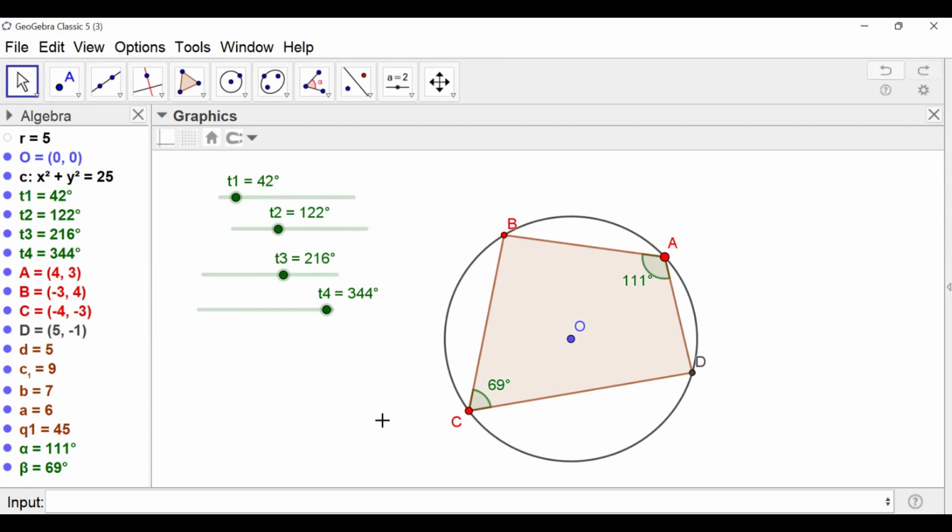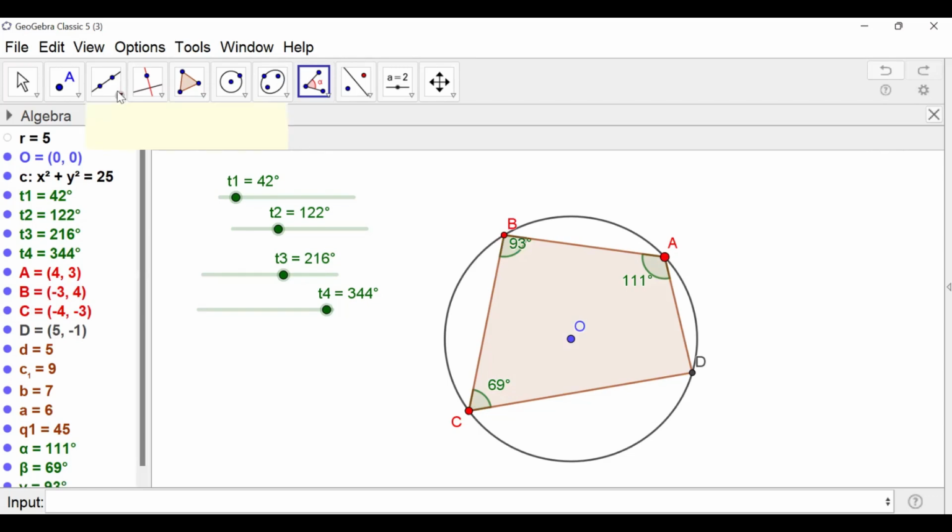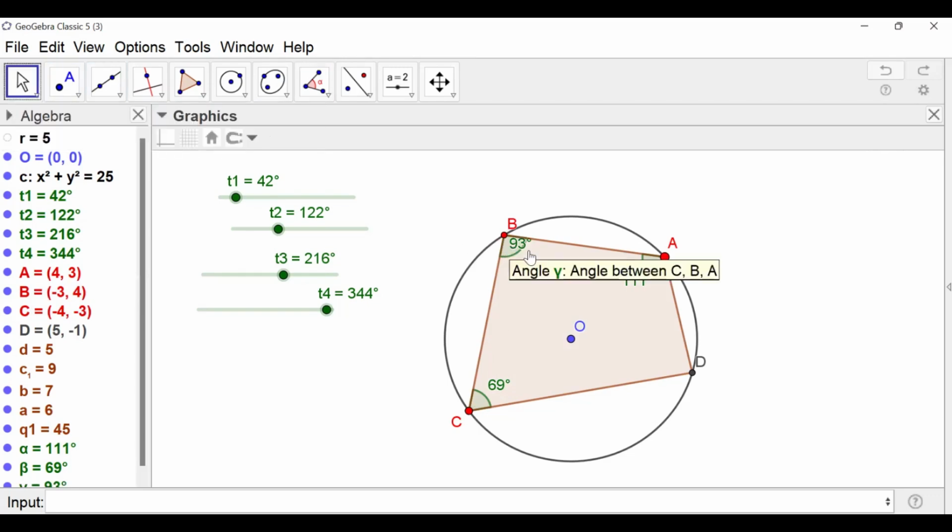Let's pick another two opposite angles of a cyclic quadrilateral. Let's pick angle B and angle D, and let us find the individual angles and see whether it will sum up to 180 degrees. Guys, let's pick angle CBA, 93. That means the other angle needs to give us 87.